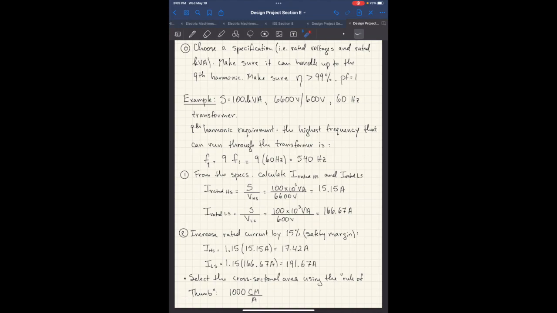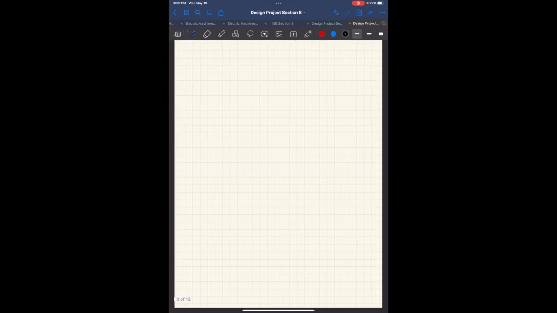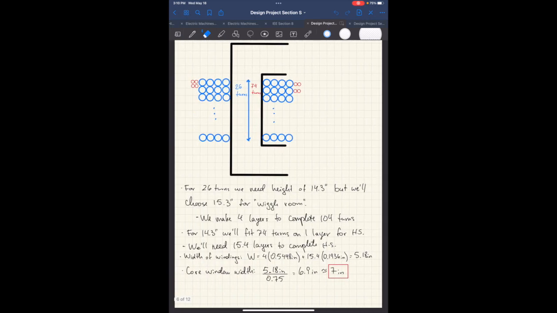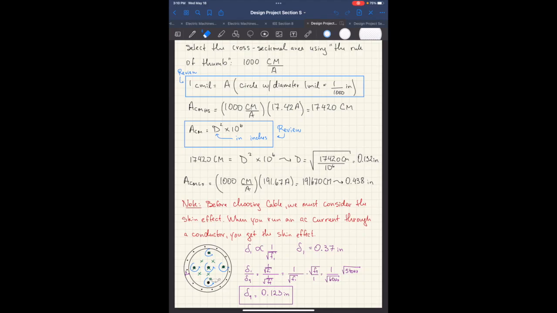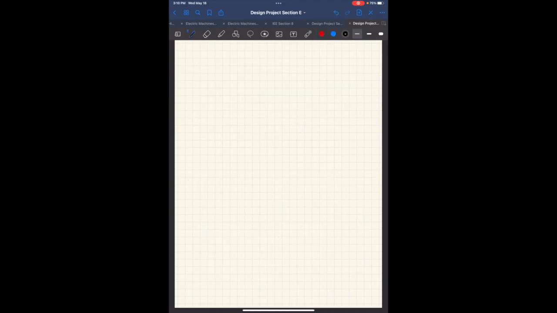So we're going to find how big the cable has to be from this rule of thumb. By the way, let me see how I did it with the other section, so that I make sure I do it the same way. Okay, so let's do it like that.